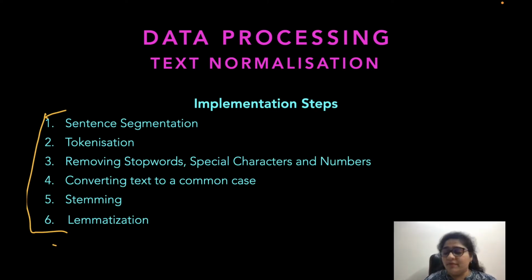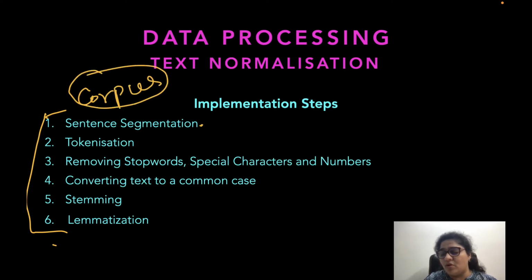So step number 1, sentence segmentation. We have seen a paragraph. That will first go through the step of sentence segmentation. So I will write here, from the corpus it reaches sentence segmentation.